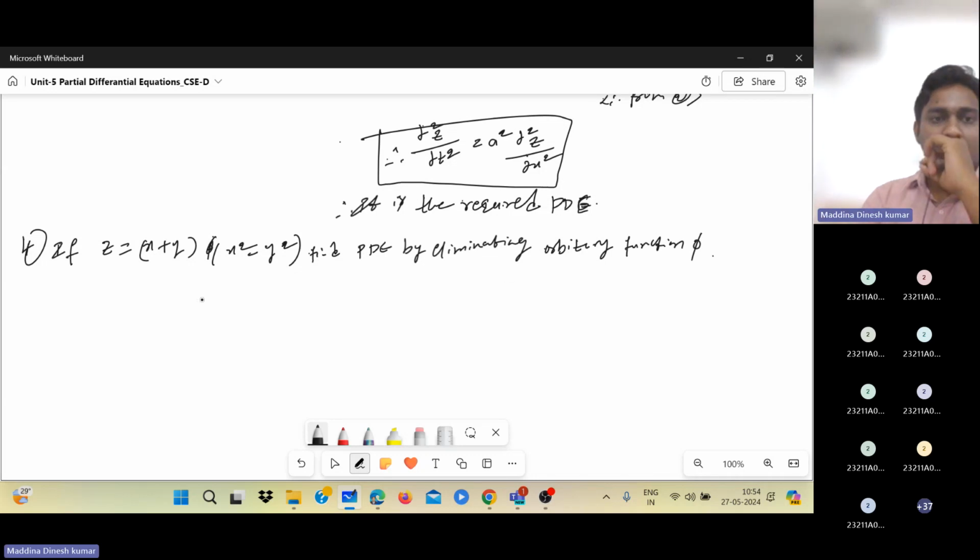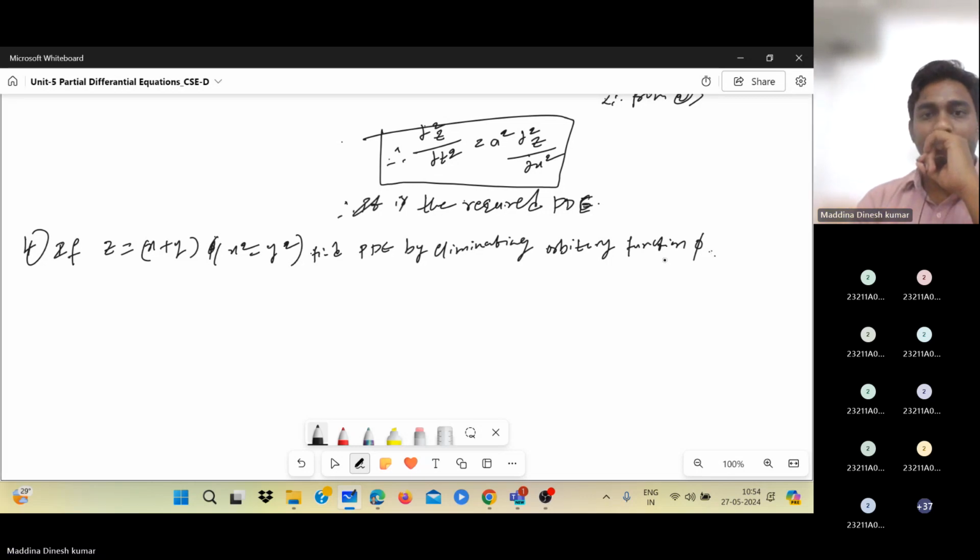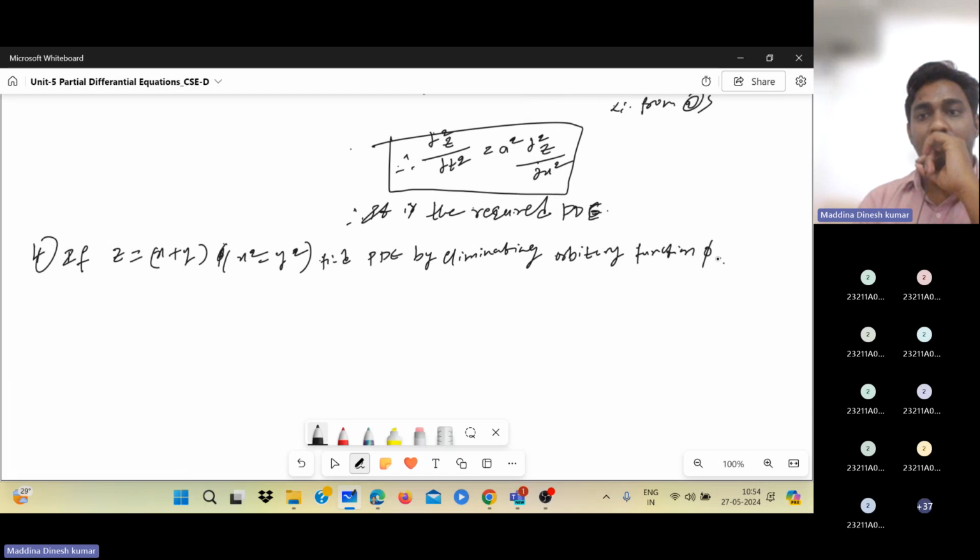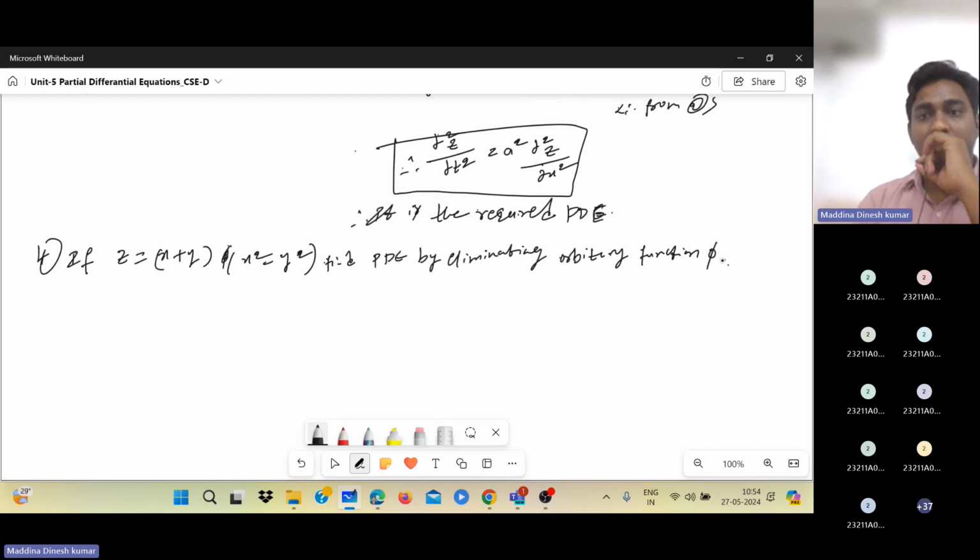So by doing the suitable calculation through partial differentiation, we need to eliminate the function phi. Whatever resultant equation we get, that is the required PDE.